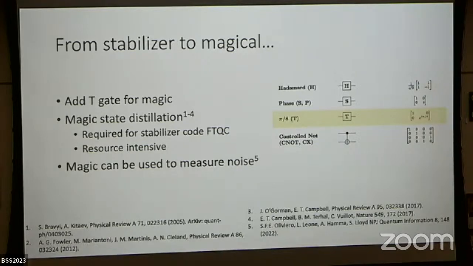If I take my hardware and I run a Clifford circuit, or what I think is a Clifford circuit, but at the end I have some magic, then I've not been true to the Clifford circuit that I intended, right? So this is an indication of certain types of noise that you might have. And this was demonstrated as a technique in this paper here.